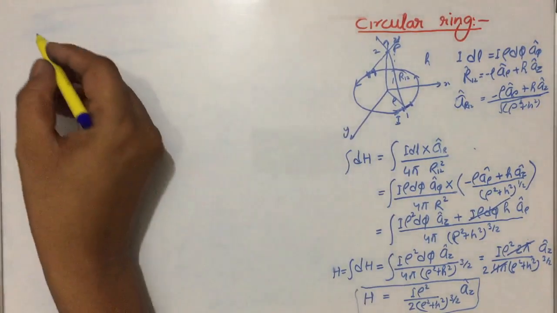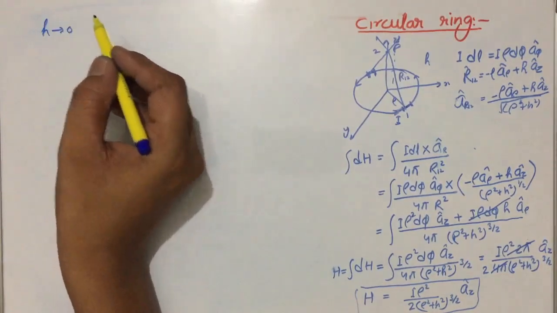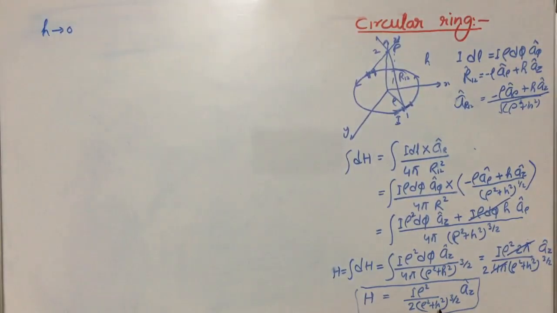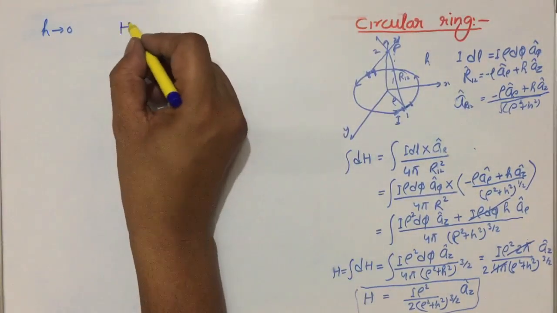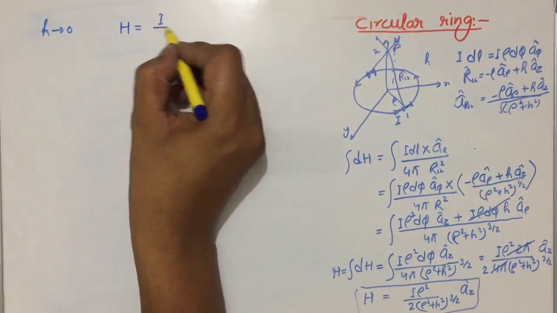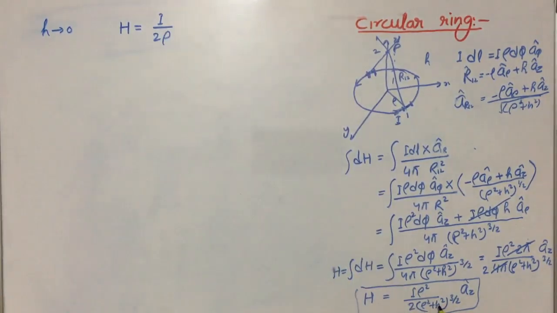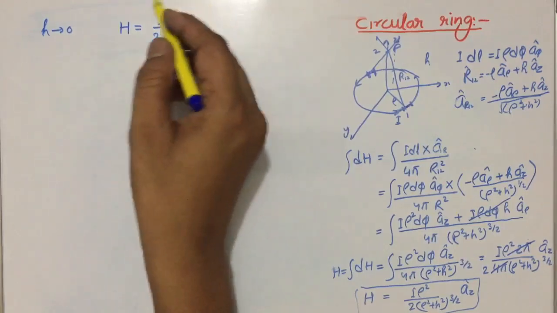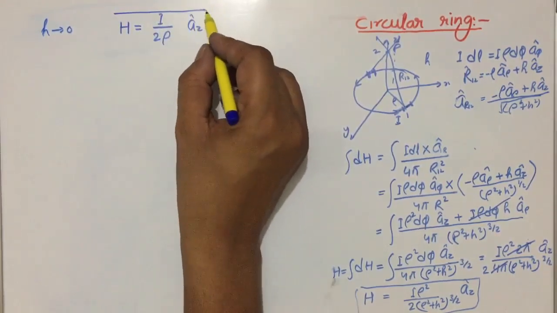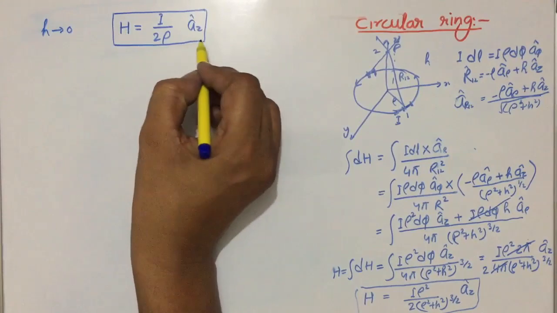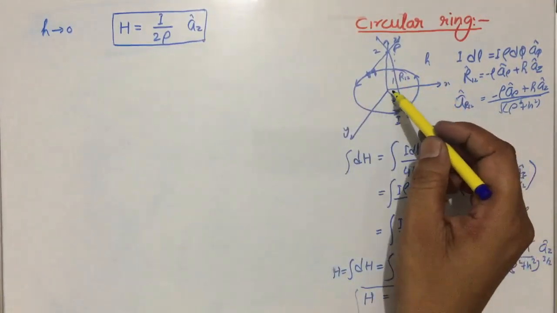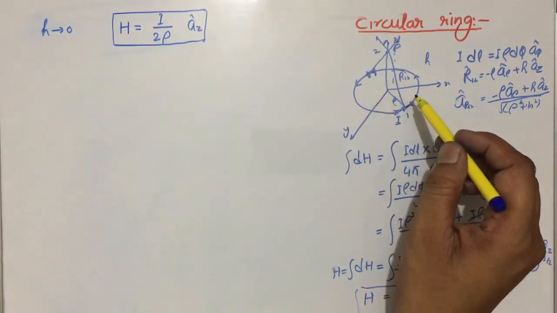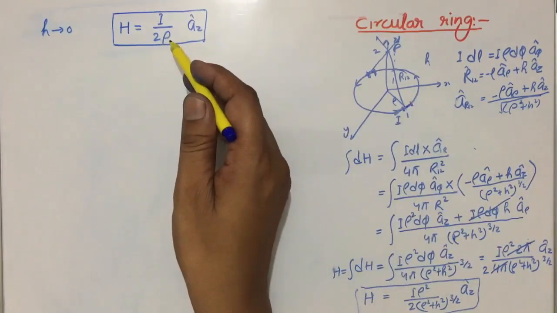In that case h is 0, and rho squared and rho cubed will give you 1 by rho, so H is I by 2 rho in the direction of az. In this way, if the point of interest lies at the center of the circular ring, the magnetic field intensity will be I by 2 rho.